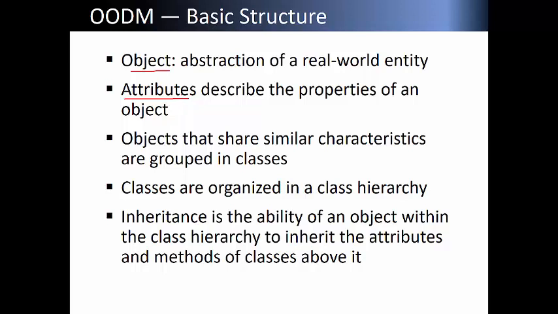Some of the attributes may have yet another class as their type, like object-oriented programming, right? The type of an object will be another class. Objects that share similar characteristics are grouped in a class.